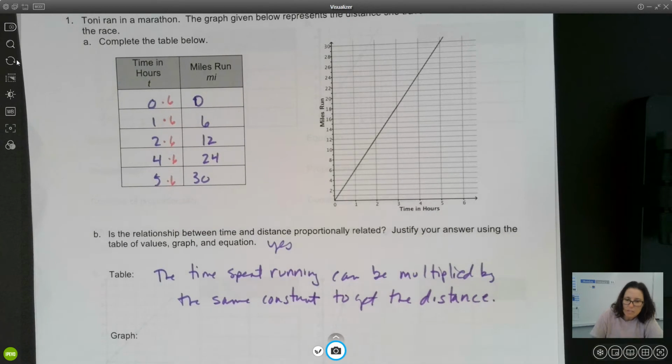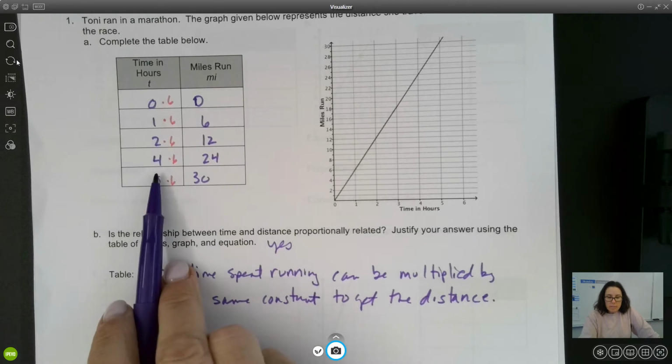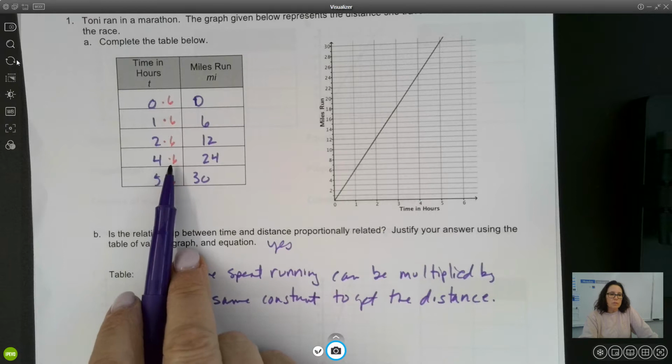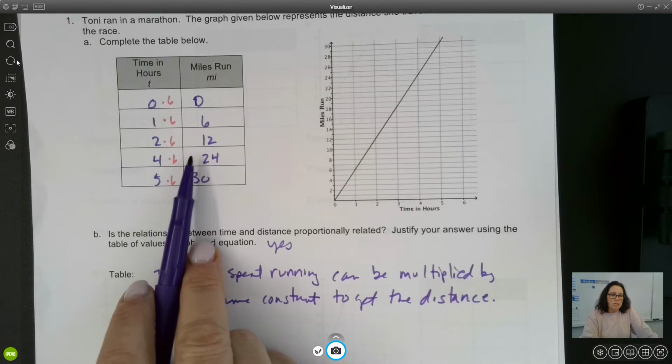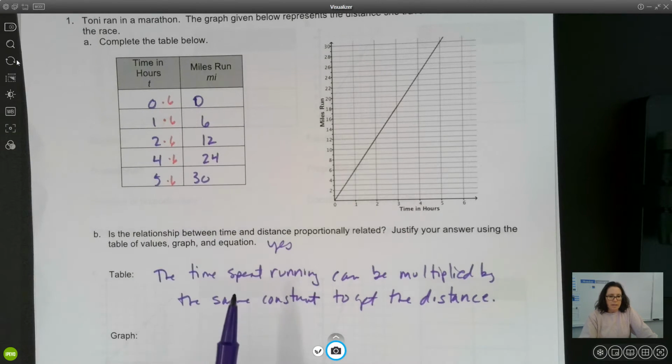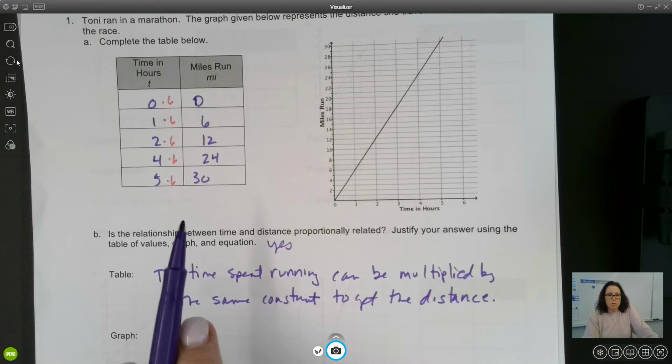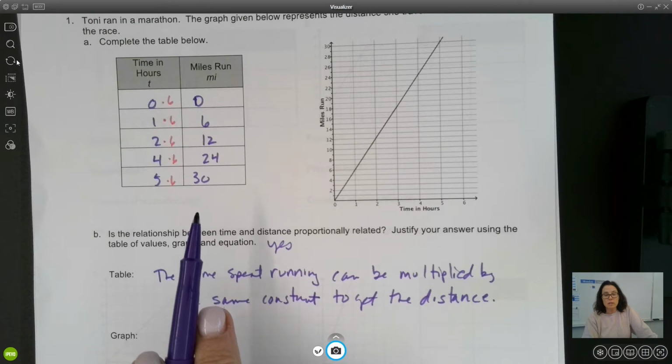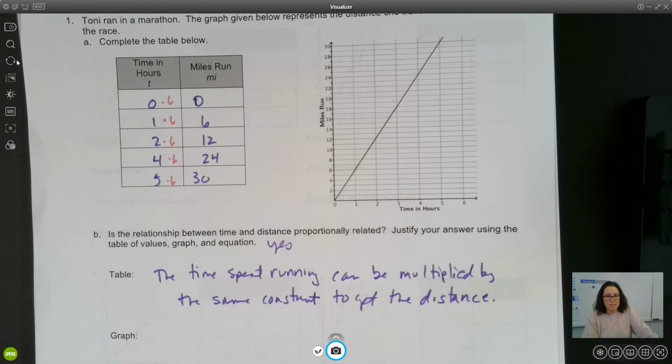Okay, every single time in a table, we have always said the independent value gets multiplied by the same constant to get the dependent value. I've changed the independent value and dependent value to match this context, but it's the same thing every time for a table, if it's proportional.